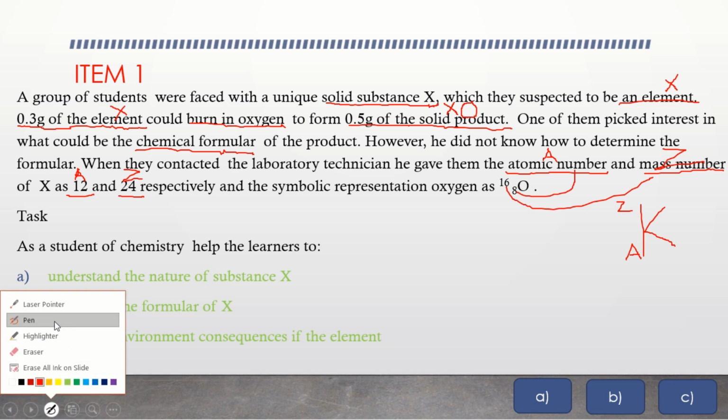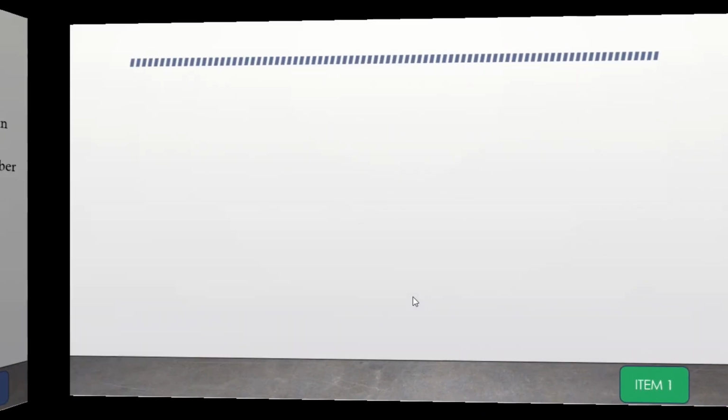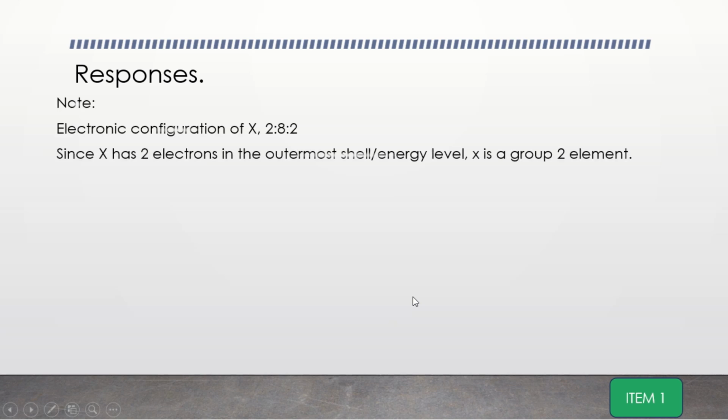So now let's see. Here we are going to have our response. Like I was telling you, what makes an individual element unique, different from the other, is just one thing, that is the number of electrons.